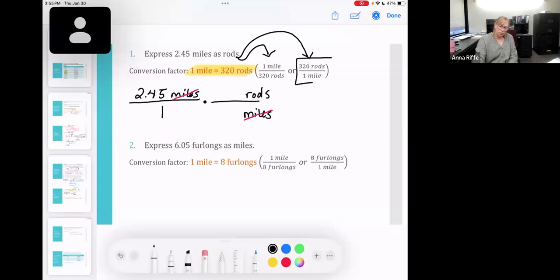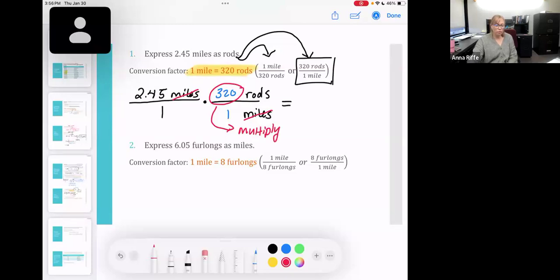So I'm going to choose to use that unity fraction that has rods on top, miles on bottom. I can input the numbers that correspond to each. Okay. So I have chosen my unity fraction. The only thing I still have to decide is whether to multiply by or divide by this 320. We can note that 320 is in the numerator, so I am going to multiply.